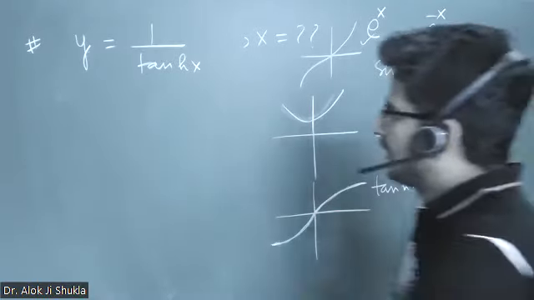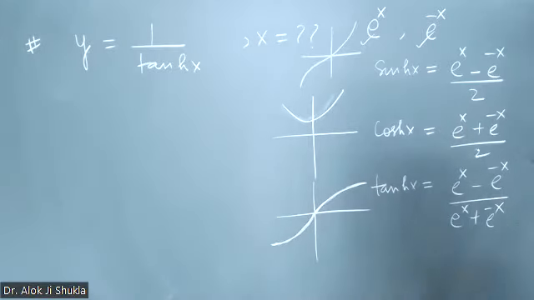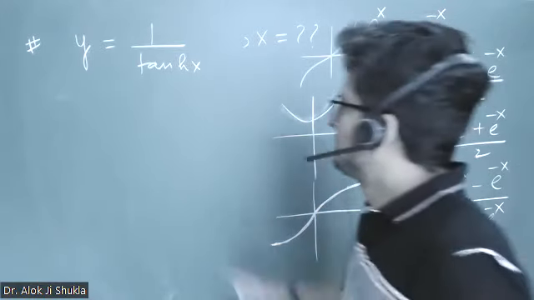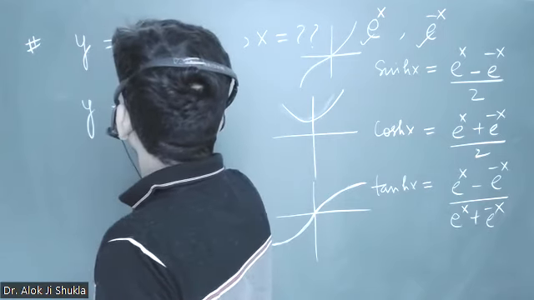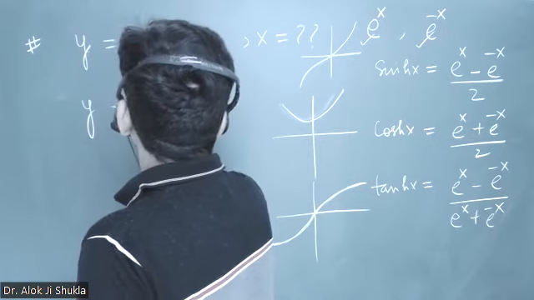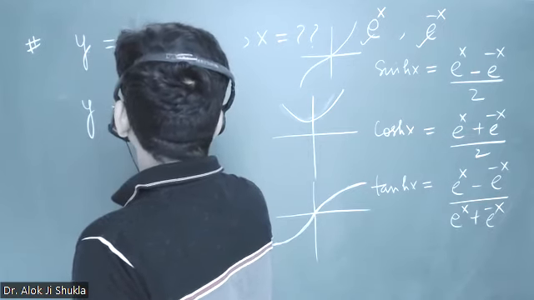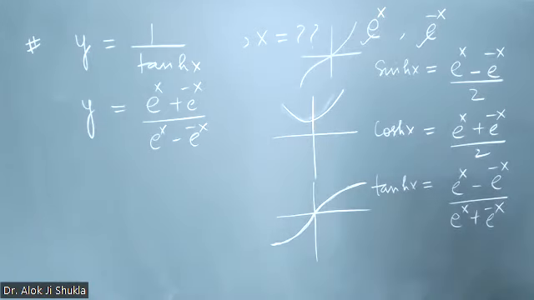So suppose here I want to write the value of x. How to get the value of x? That is the question. So I want x. So I will write y is equal to e to the power x plus e to the power minus x upon e to the power x minus e to the power minus x. Can I write it like this?